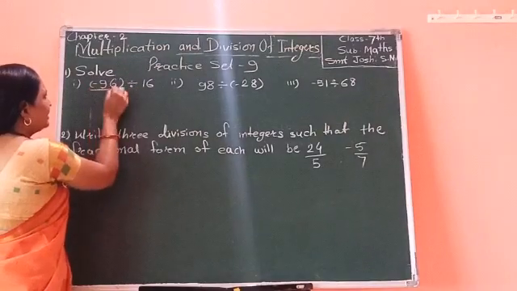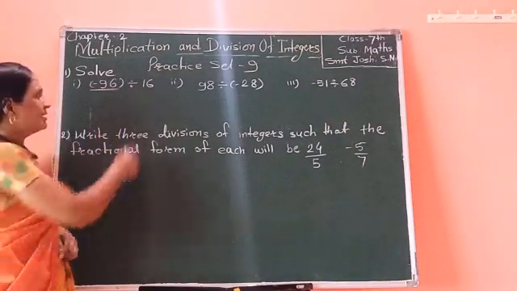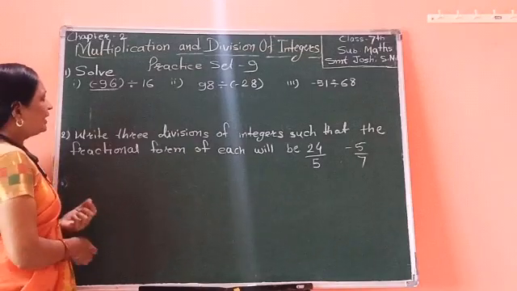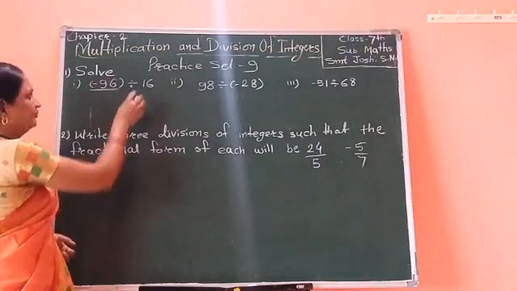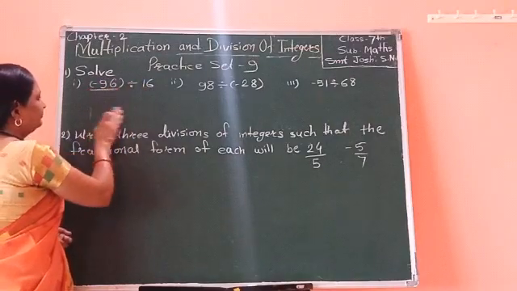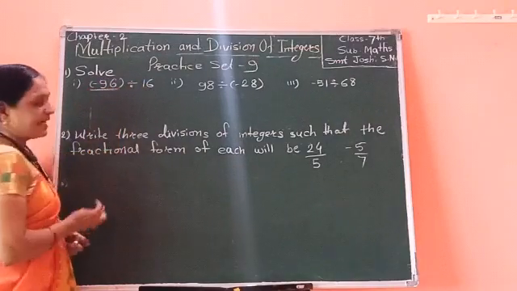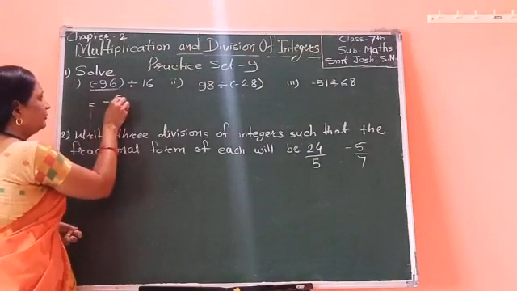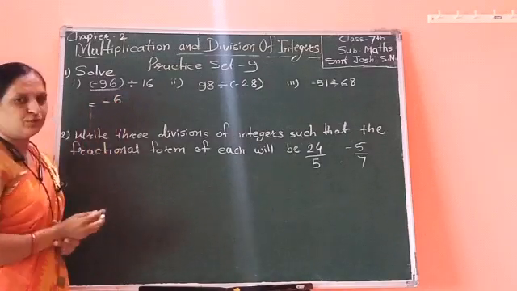Here 96 is a negative number, 16 is positive. We know the quotient is a negative number. 16 6s are 96. The answer is negative 6.